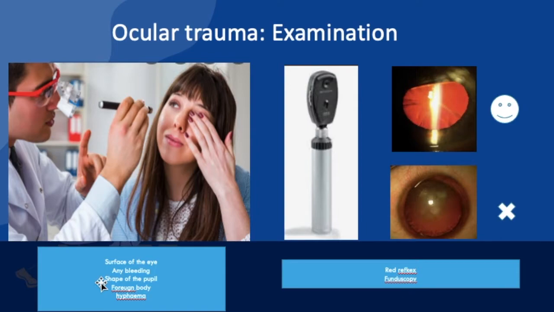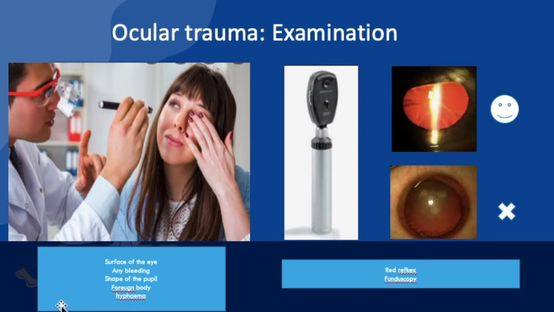The normal pupil size should be around 3 to 4 millimeters, but if you see the patient is widely dilated, then think there could be a blunt trauma, which might cause damage to the sphincter, or any damage to the iris tissue. Look for any foreign body. Look for the presence of blood in the anterior chamber, which we call hyphema.